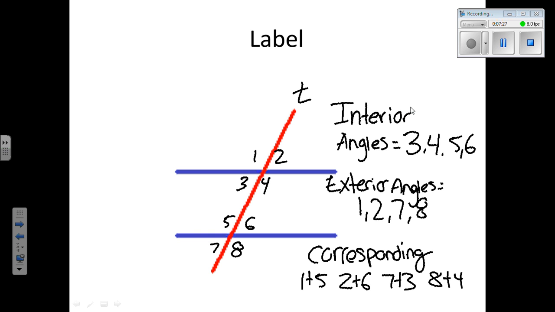My exterior angles are 1, 2, 7, and 8. And my corresponding angles are 1 and 5, 2 and 6, 7 and 3, and 8 and 4.